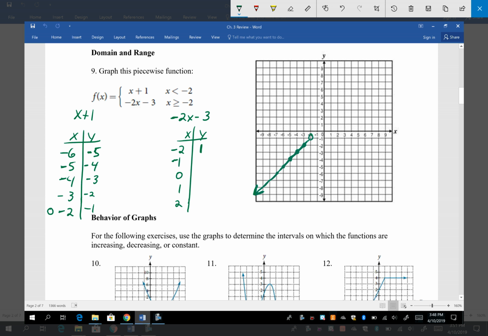If you do the same thing here for -1, 2 minus 3. You'll notice we're going to start decreasing by 2 because the slope is -2. All of these points will be filled in, right? See that? I don't have to worry about open here. So we have -2, +1 is closed.